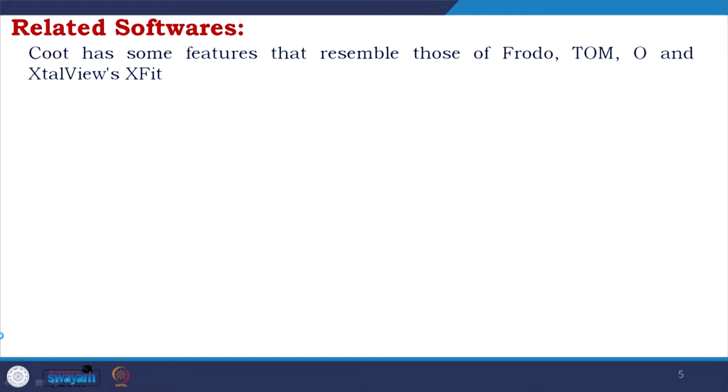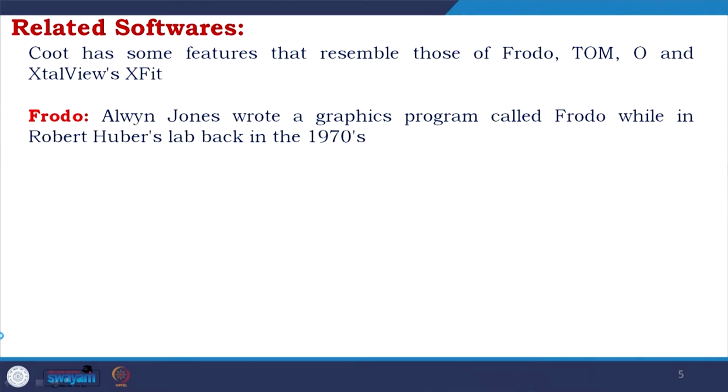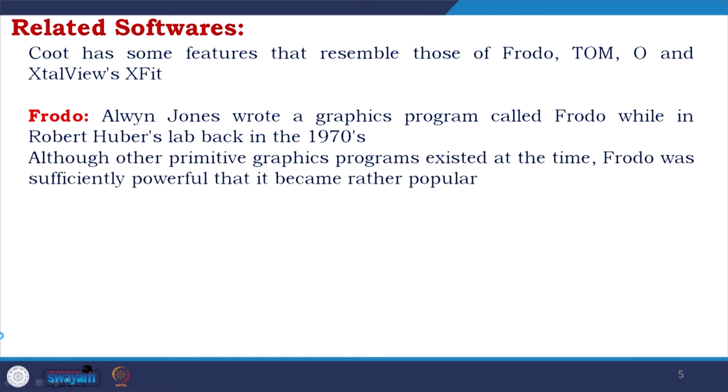COOT has some features that resemble those of software like Frodo, Tom, O, and the Crystal Views module called XFit. Actually, when we talk about them, it talks about the journey of where we are with COOT. Frodo was written by Alwyn Jones, who wrote a first kind of graphics program while in Robert Huber's lab back in the 1970s, one of the initial visualization programs.